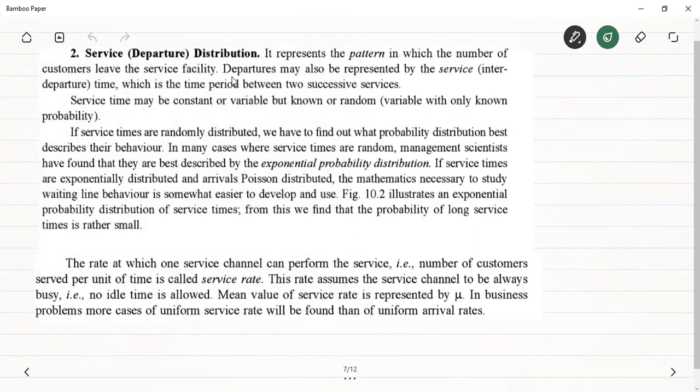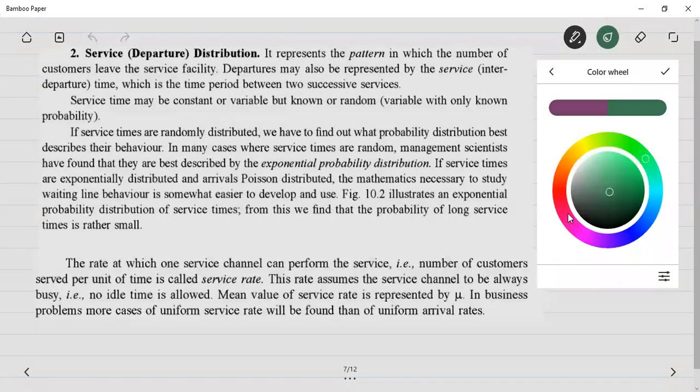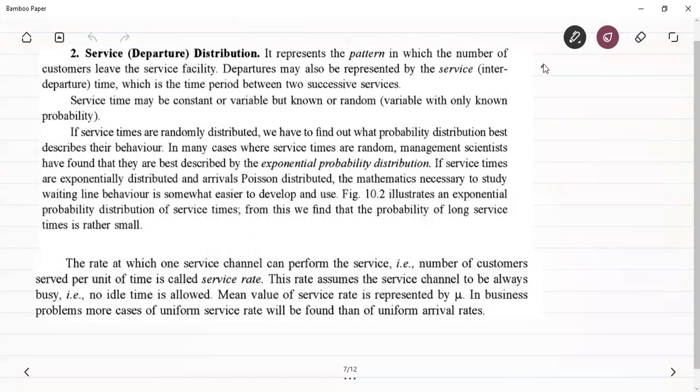So departure or service can be represented by a parameter which is known as the service rate, and service rate is denoted by mu.